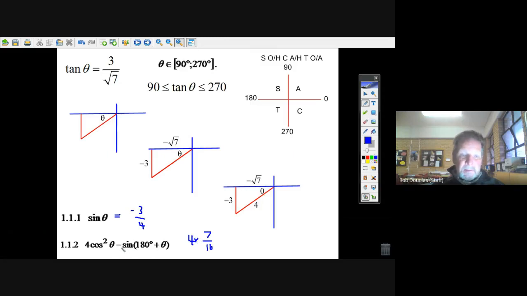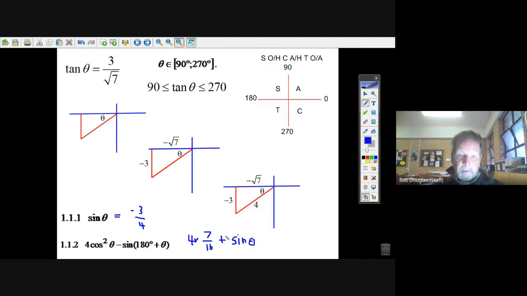Now this here is the sine of 180 degrees plus theta. That's in the third quadrant, so the sign must be negative. Because it's 180 degrees plus theta, it must be the minus of the sine of theta, and the two negatives make a positive.